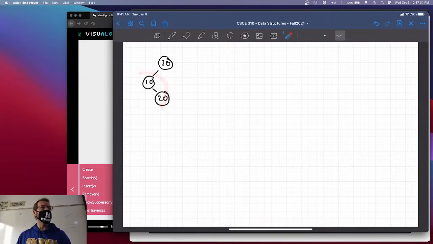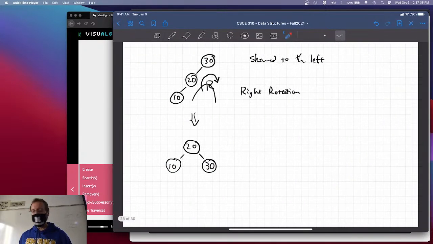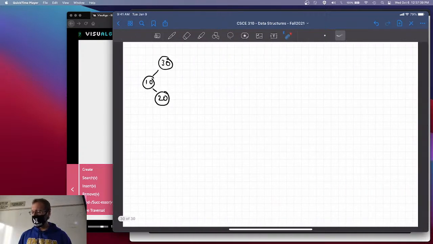So it looks skewed to the left, but it's skewed to the left a little bit differently than over here. By the way, is it a binary search tree? Everything to the left is less than 30. Everything to the right of 10 is greater than 10.